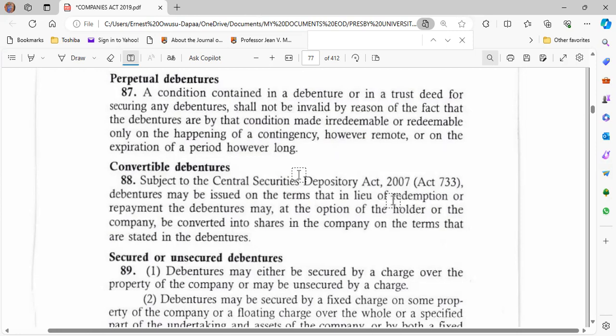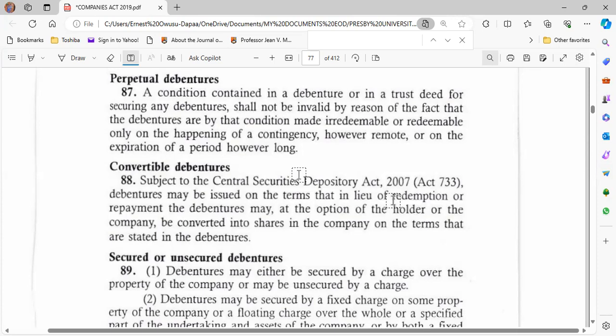So when that seaport is commissioned, that is when the debenture will be redeemable. Now, if you look at that, of course, I'm not doing politics, but I'm just giving you what we call the impossibilities.